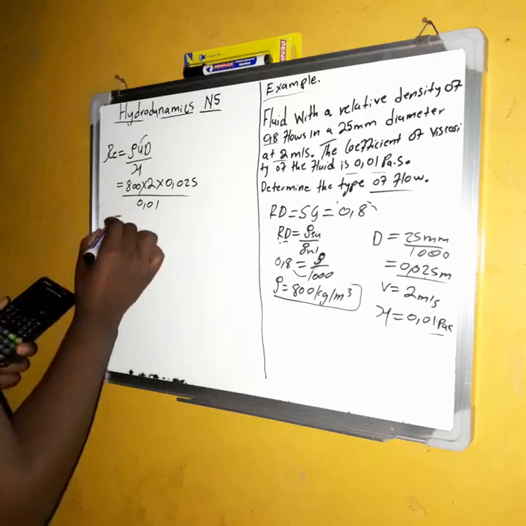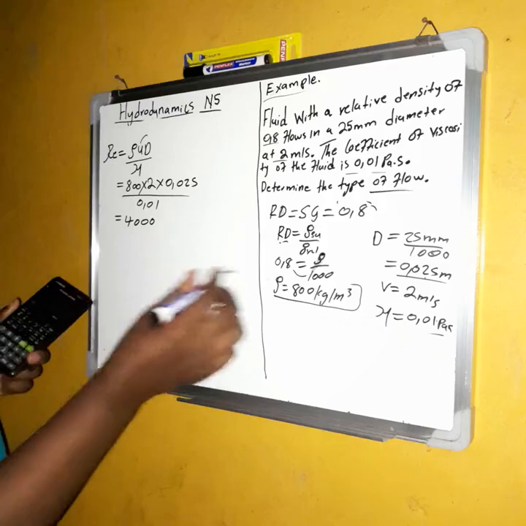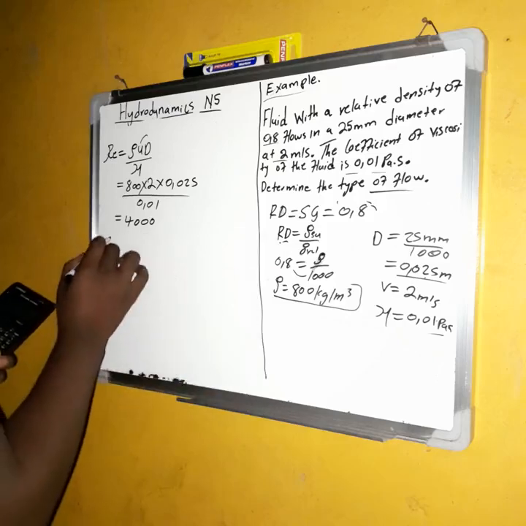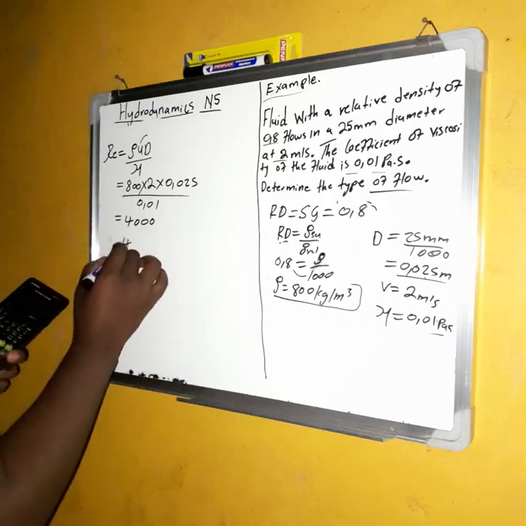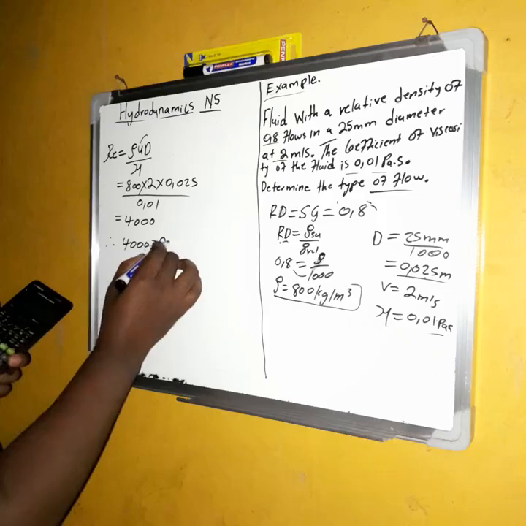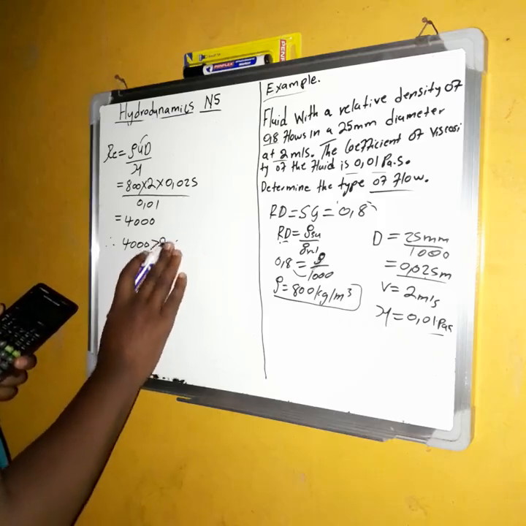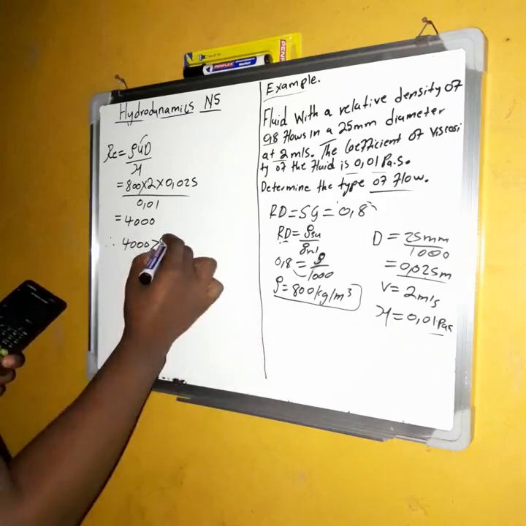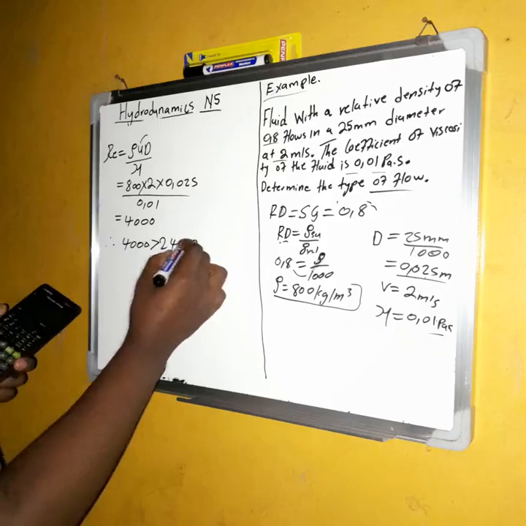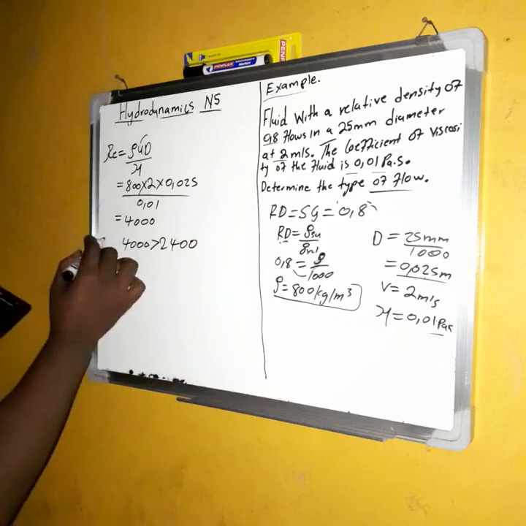We'll get 4,000. So 4,000 is greater than 2,400, right? This is our Reynolds number.